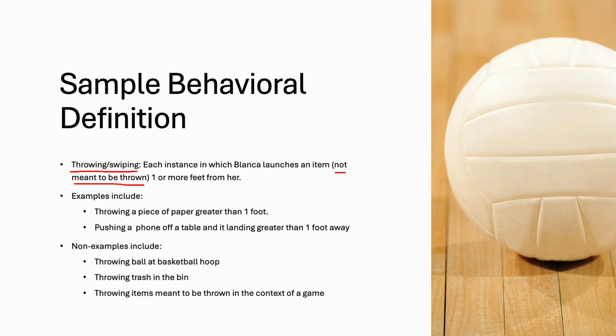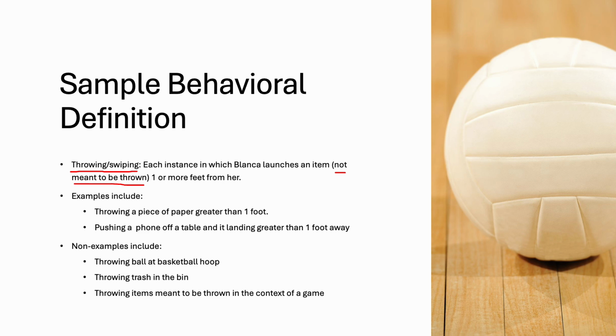An example can also include pushing a phone off a table and it landing greater than 1 foot away. This is not going to be exclusive to these examples, but these are just ideas of what may be included in the behavior. Instead of a piece of paper, maybe it's an eraser, right? Maybe Blanca threw an eraser. That's fine, but these are just examples, general ideas.